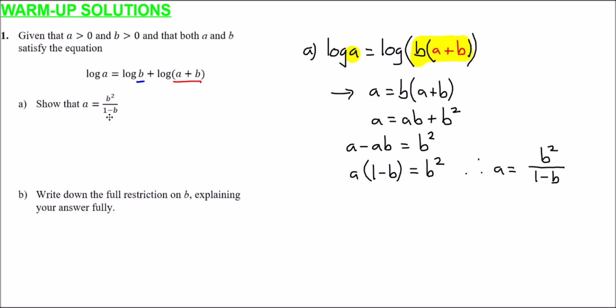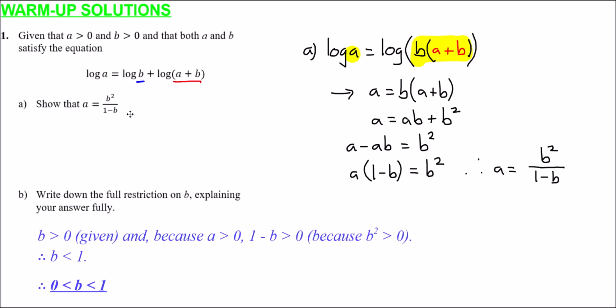And so I'm going to include something along the lines of what you could have written for part B. Something like this. So B is greater than 0, we're given this information here, and because A is greater than 0 too, then 1 minus B on the bottom must be greater than 0, because B squared on the top is greater than 0.